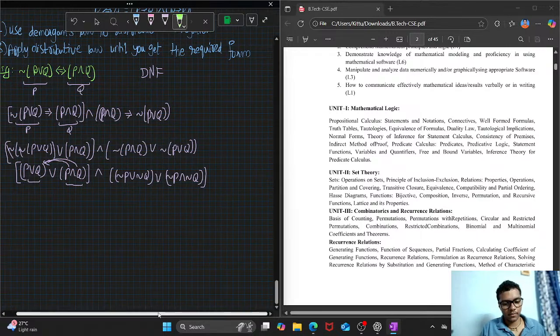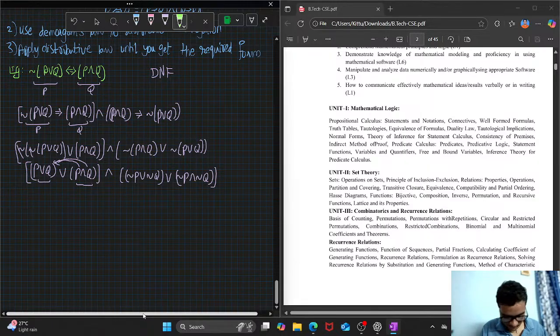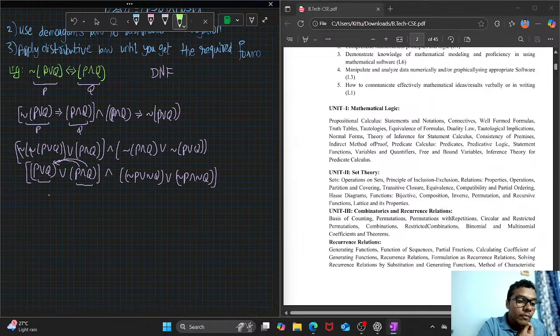But to do it for a DNF, let's see what we got. So we've got to make this DNF. That means, all right, my brain is not braining now. So it should have an AND in between. This is how it should be. This should all be simplified to an OR expression. Got it? So how do you do that?